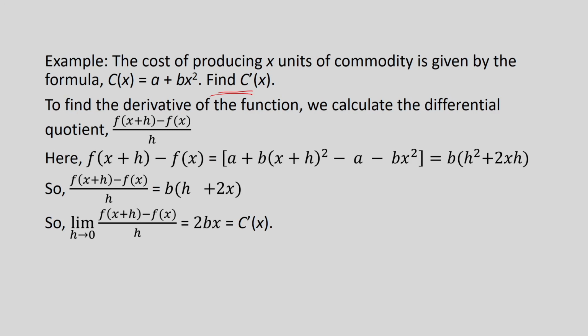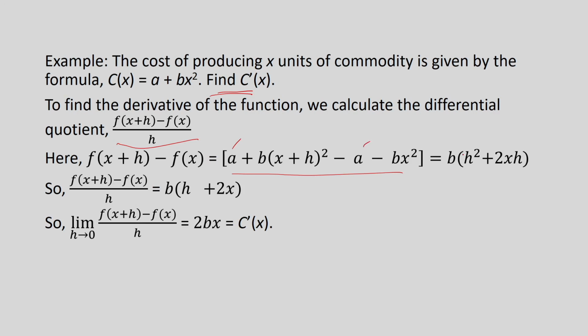To find the derivative of the function, we calculate the Newton quotient or differential quotient. Now, what is the numerator? F of x plus h minus f x. If I use the formula that f x is equal to a plus b x square, it becomes a plus b multiplied by x plus h whole square minus a minus b x square. A and a will get cancelled.